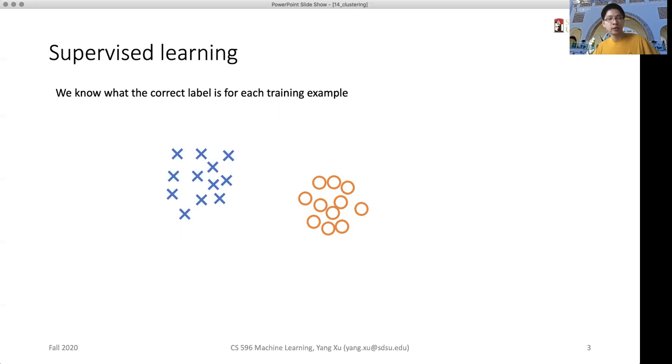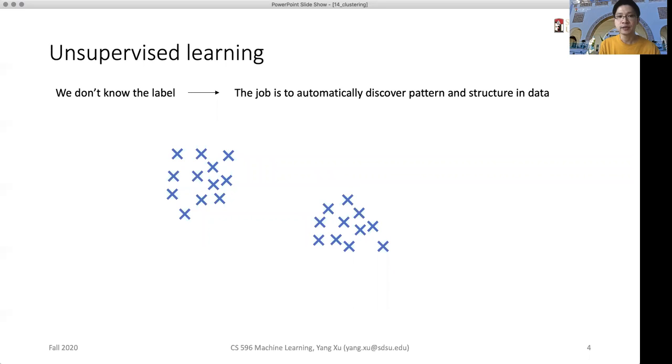So again, a little bit of background. So far we have talked a lot about the learning problems in the supervised learning realm. In supervised learning, each data point in the training set is given a correct label. In the unsupervised learning case, we actually don't know the label. And the so-called unsupervised learning is to discover the patterns or the structures in existing data.